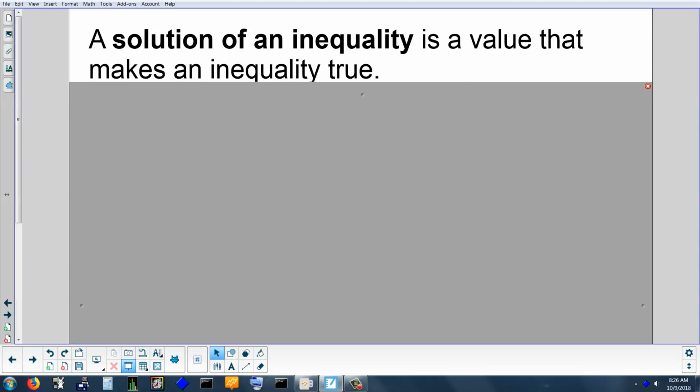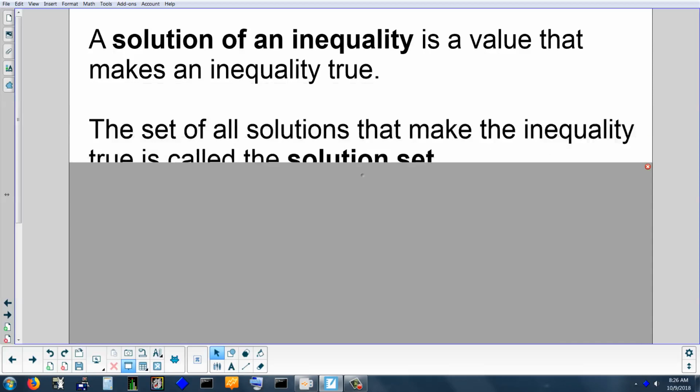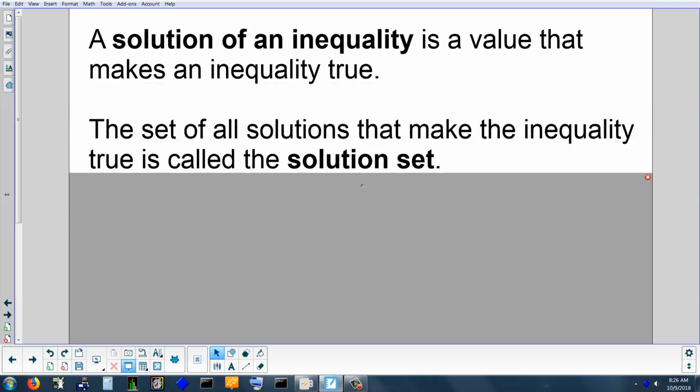So basically what we're going to give you here is a certain letter equals a certain number, and we're going to ask you if it's a solution. So the set of all solutions that makes the inequality true is called the solution set.